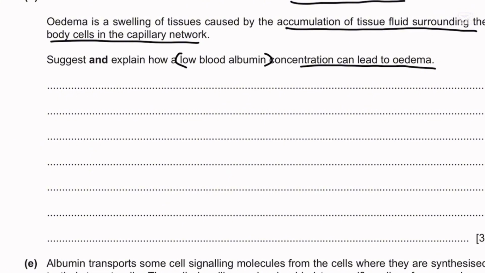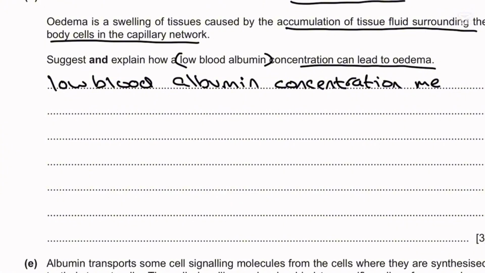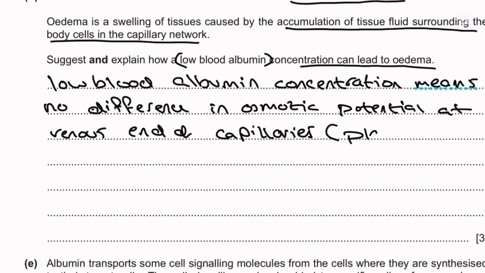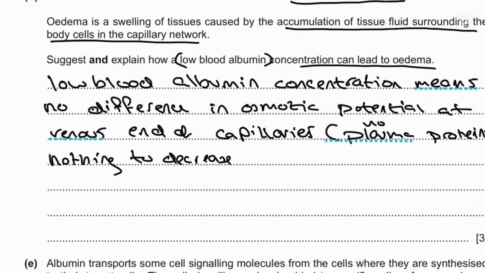The low blood albumin concentration can lead to edema because low blood albumin concentration means that there is no difference in osmotic potential at the venous end of capillaries, because no plasma proteins will mean that there is nothing to decrease water potential within the venous end.